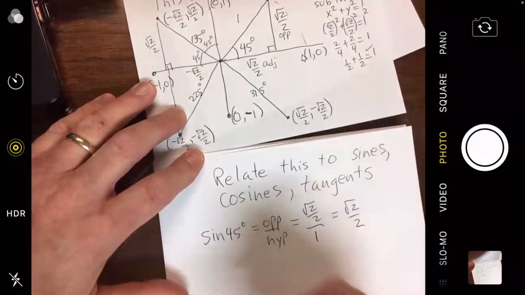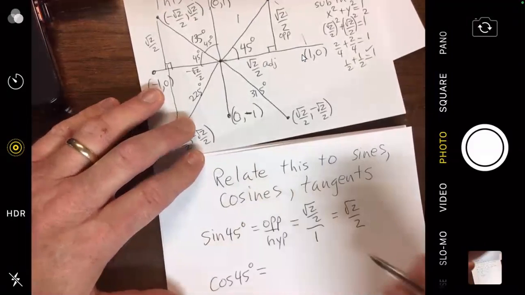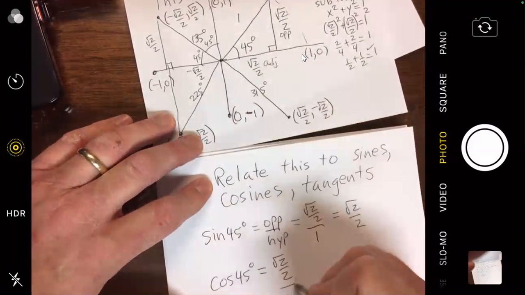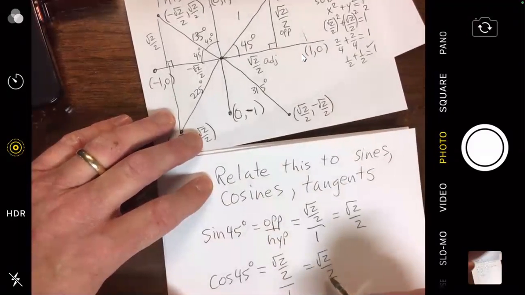Turns out the cosine will be the same thing. Cosine of 45 degrees will be root 2 over 2. It's got the exact same length on the leg over hypotenuse of 1, root 2 over 2. Be the exact same thing.